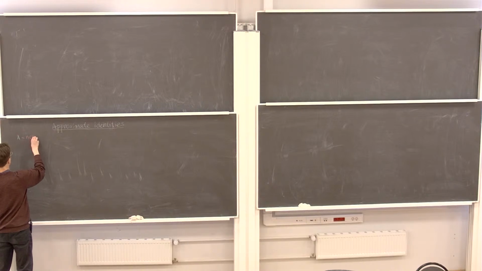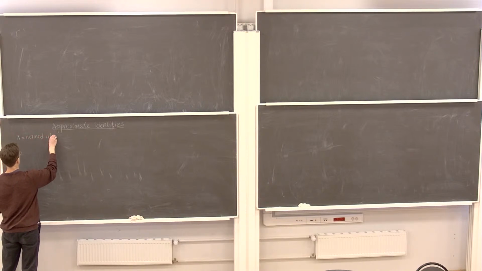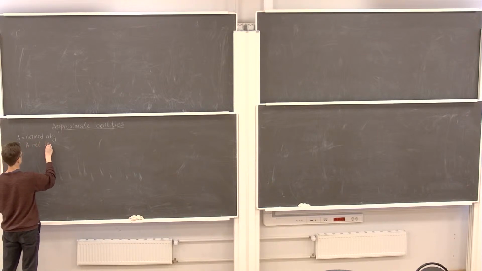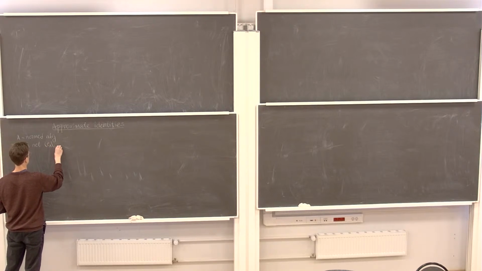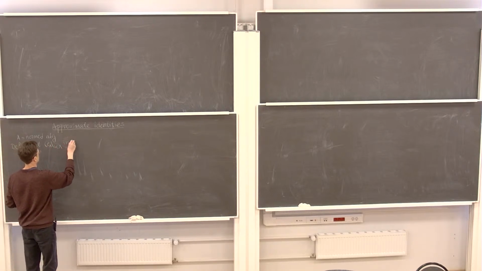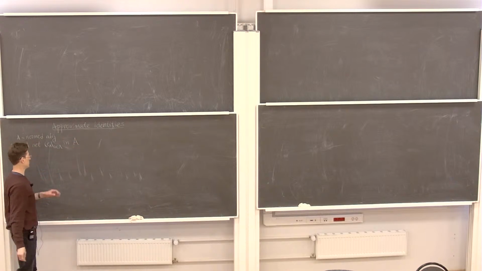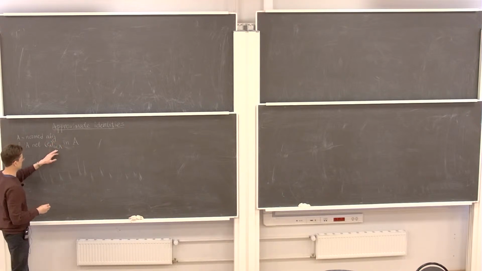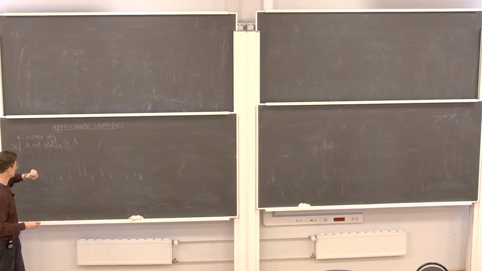If we have a normed algebra A, and here we have a net E lambda in A. So a net is something like a sequence, but it is indexed not necessarily by natural numbers, but by elements of an arbitrary directed partially ordered set.